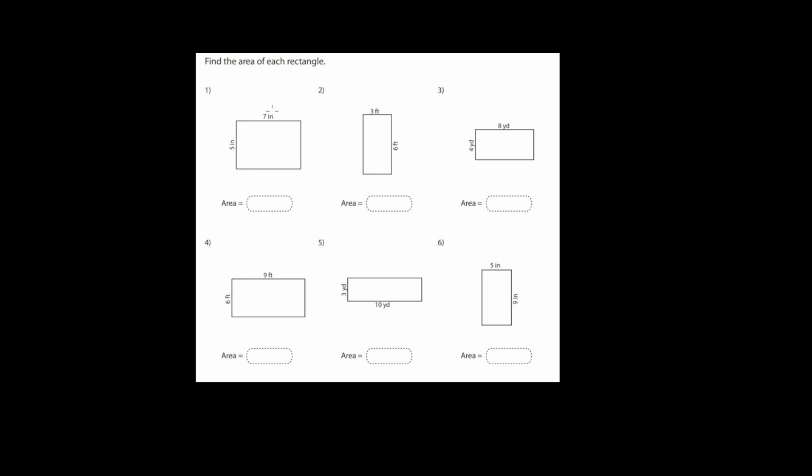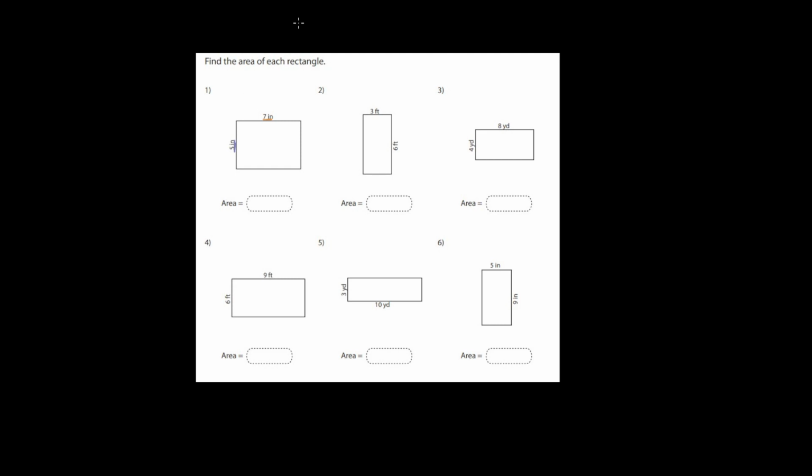Okay, so our directions say find the area of each rectangle. So number 1, we have 5 inches for the width. We have 7 inches for the length. Okay, well, remember, let's write it down.